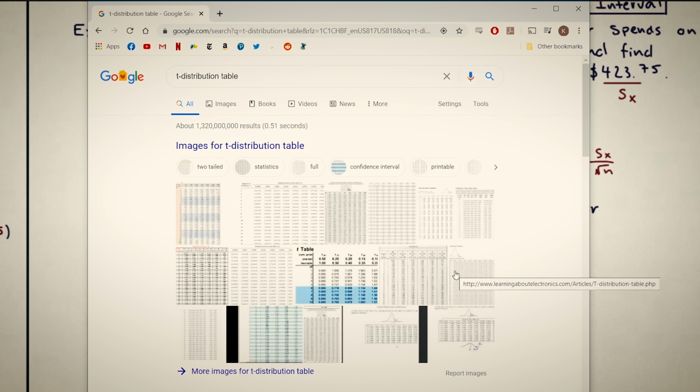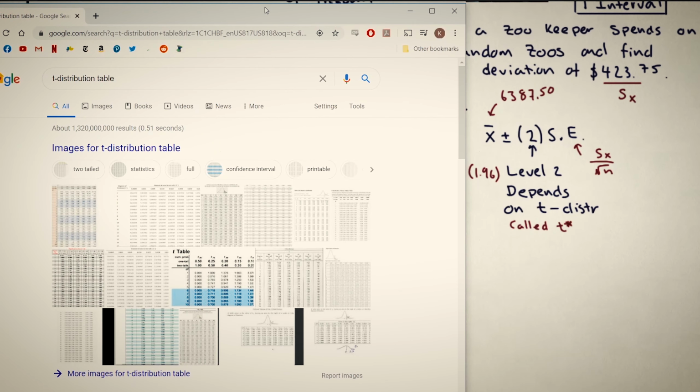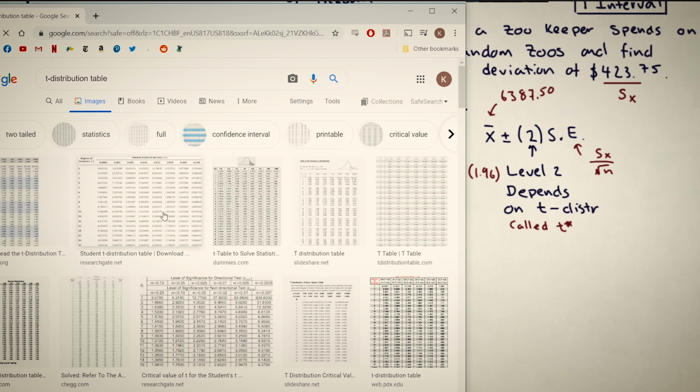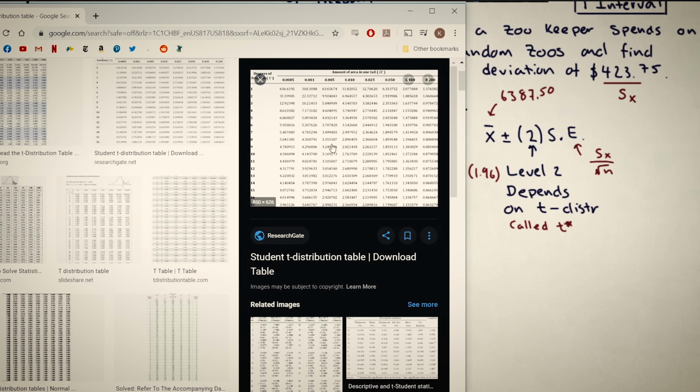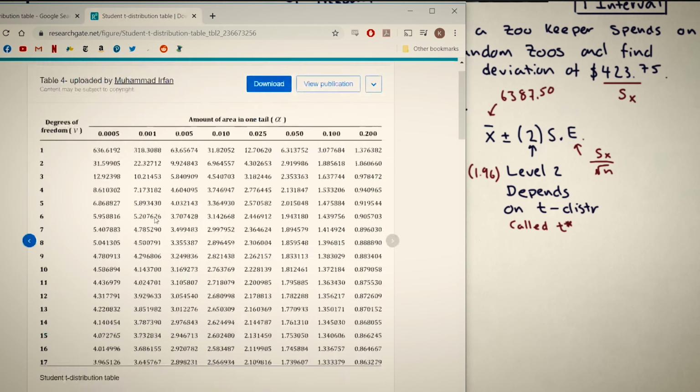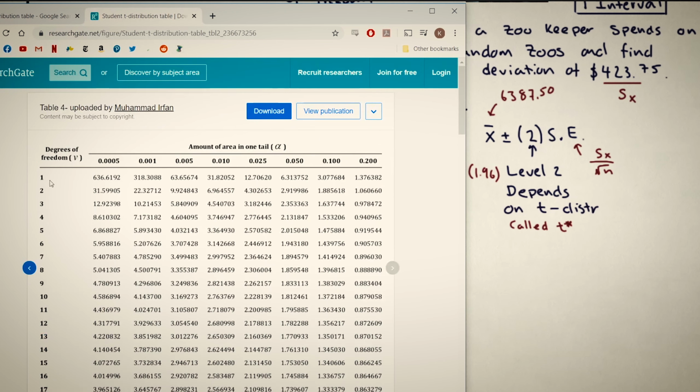The old school way of teaching statistics was to have students memorize this X bar plus or minus T star times S sub X divided by the square root of N, and then use one of these things called the t distribution table. And you can see it's really just a busy table that tells you, depending on what your degrees of freedom are, so we want a 5% area in the tail.